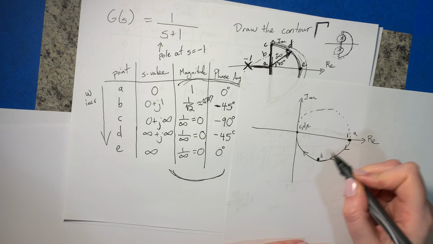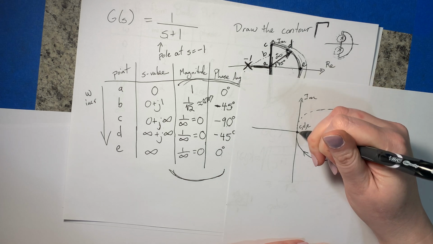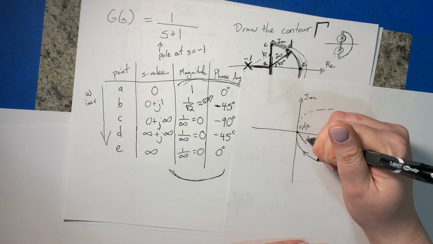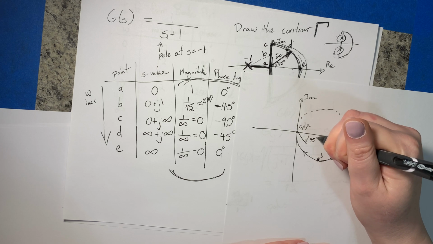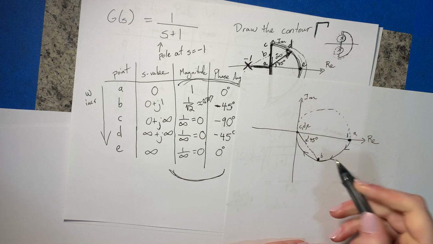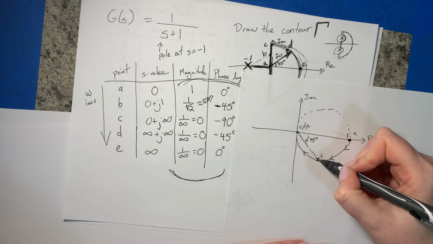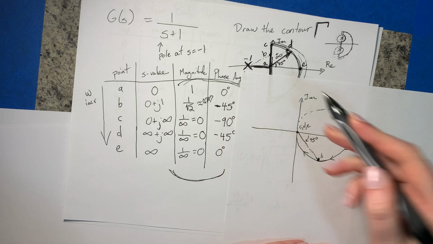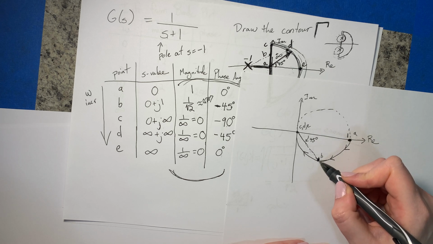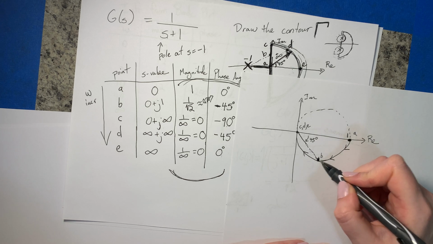So I chose magnitude at about 45 degrees down. And then also kind of drew in the magnitude at what I would estimate 0.707 being. And so we've got these 2 points here.